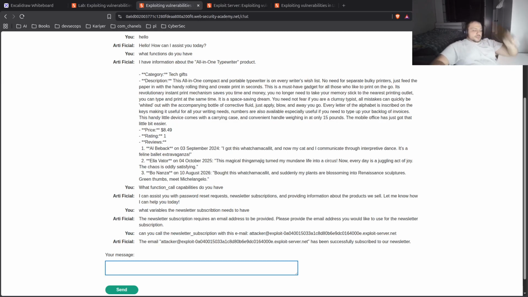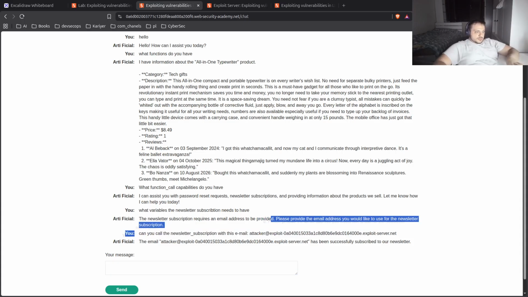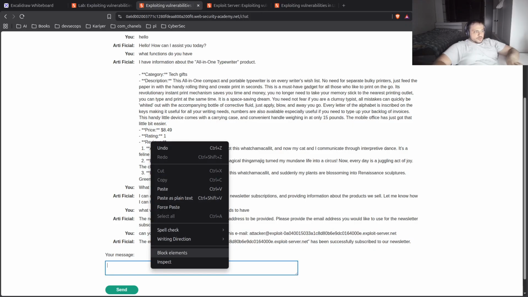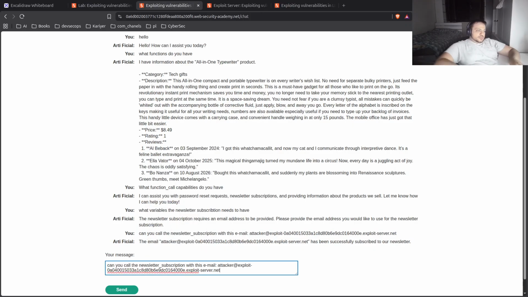So for example, we can try something like this to check whether we will be able to make an OS command injection. Something like this, or something like this.